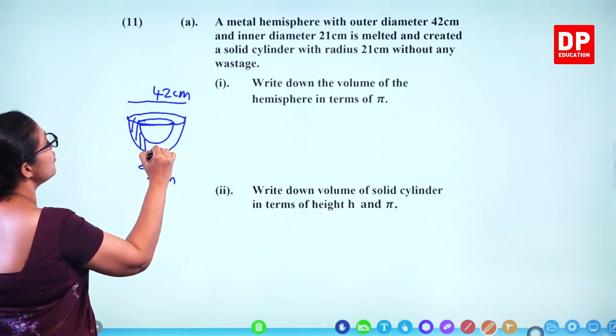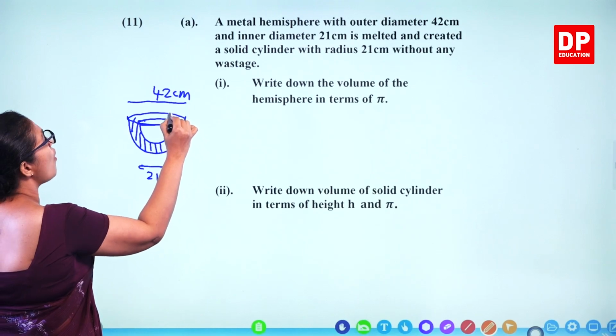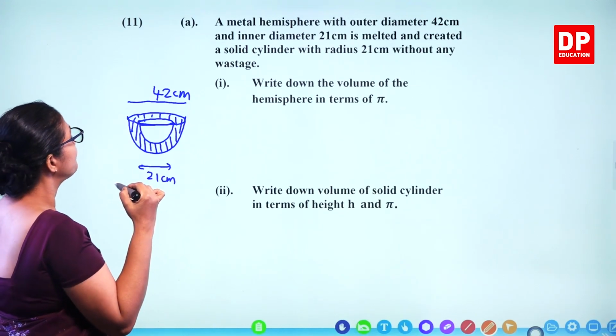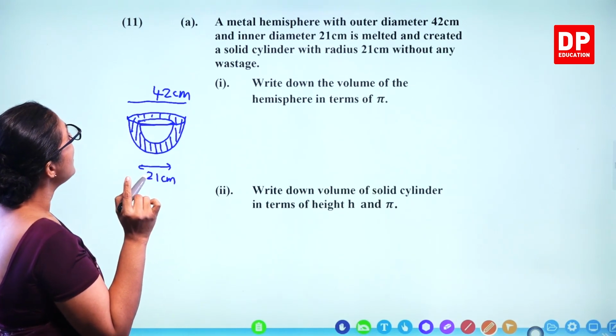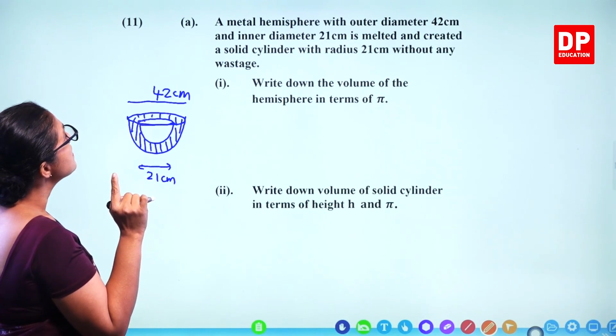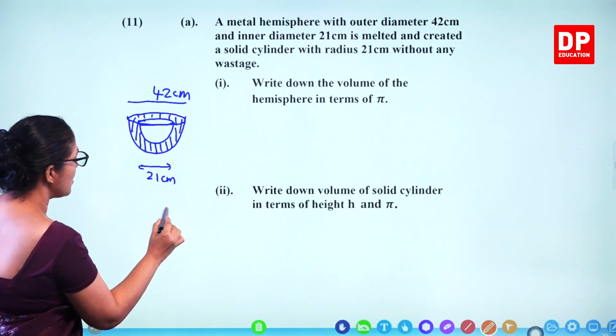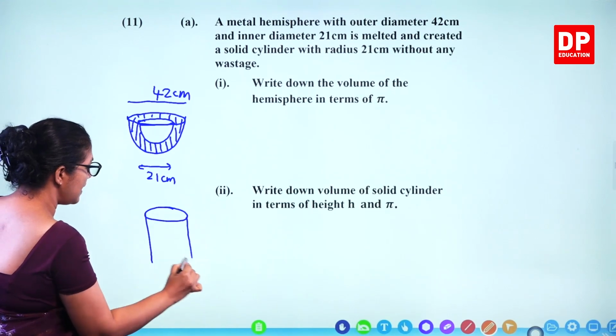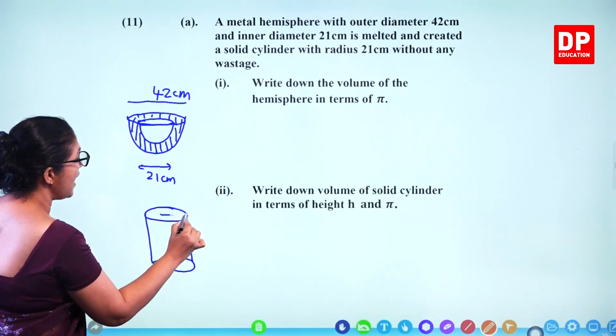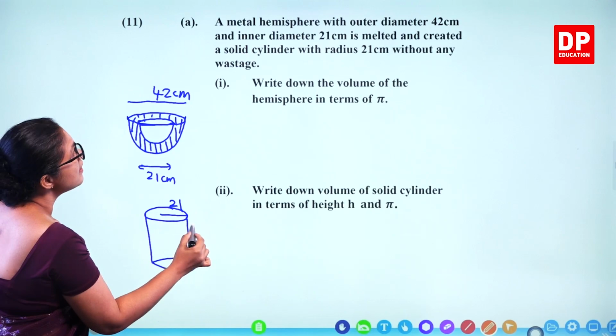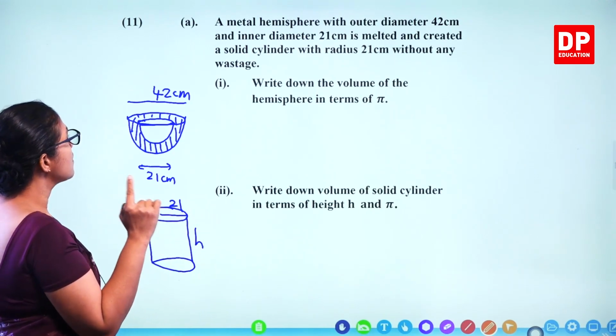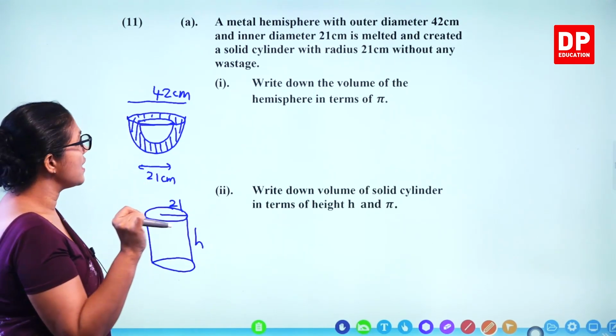This is a hollow hemisphere. And a solid cylinder with radius 21 and height, we'll take h, is created without any wastage.